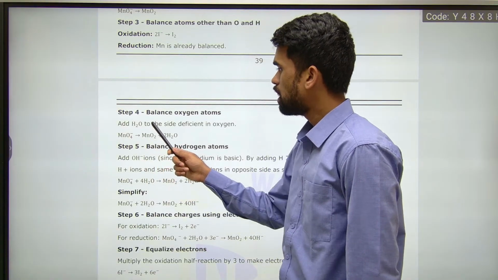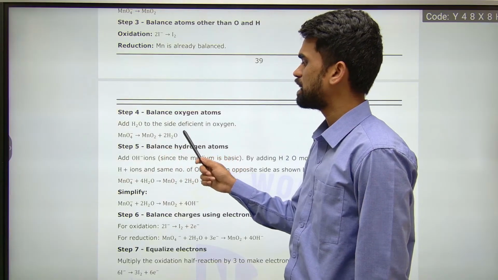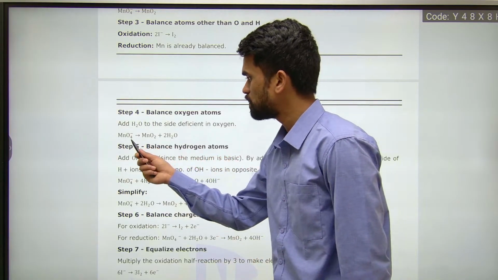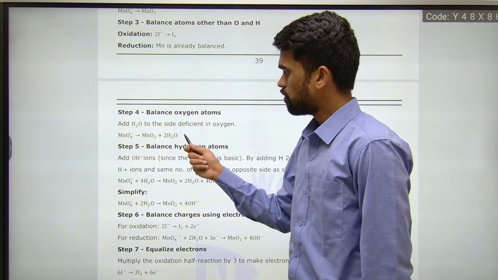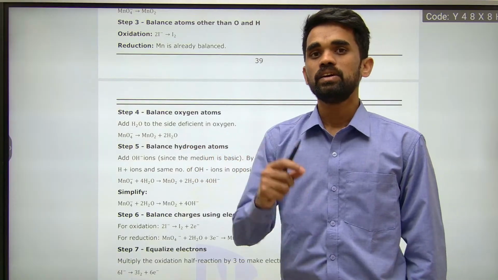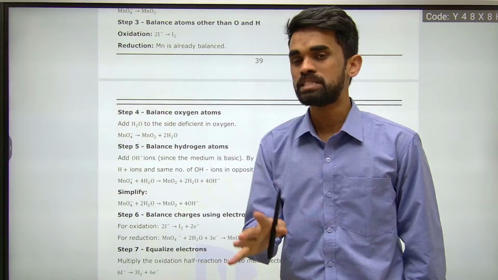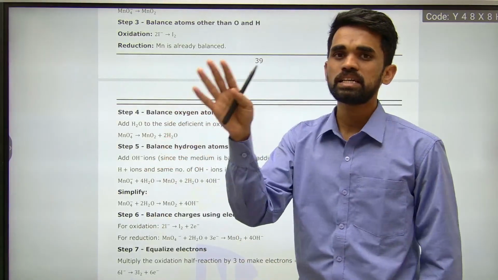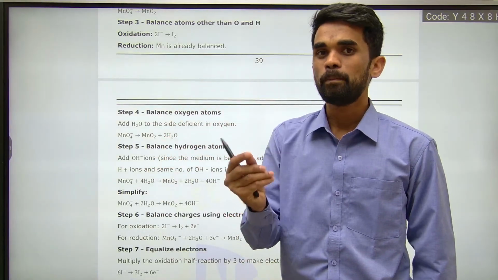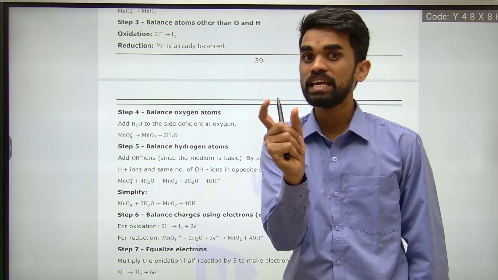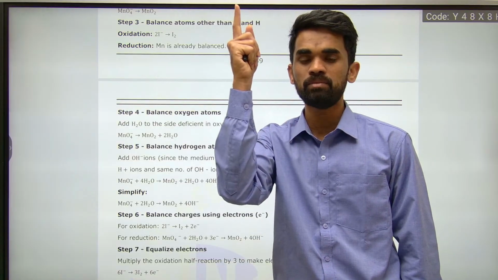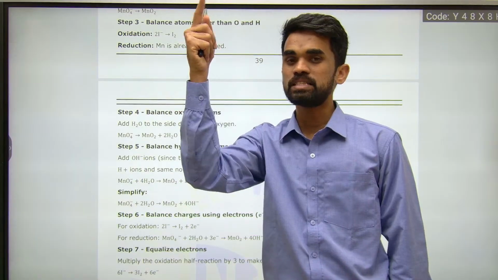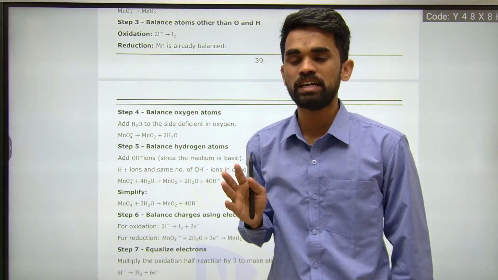Yes, add water molecules to the deficient side of oxygen. So wherever there is a deficiency in oxygen, there you add water. See guys, whether it is acidic medium or basic medium, up to here it is completely the same. But after that, whenever we are adding H plus ions in acidic medium, that is a different case, because we directly add H plus ions wherever there is a deficiency.